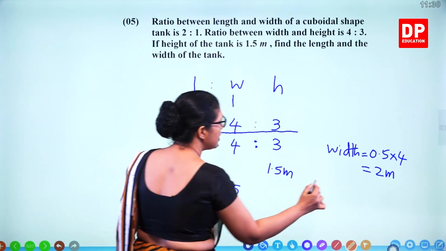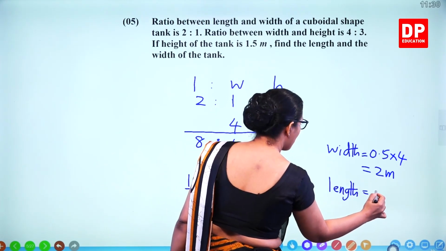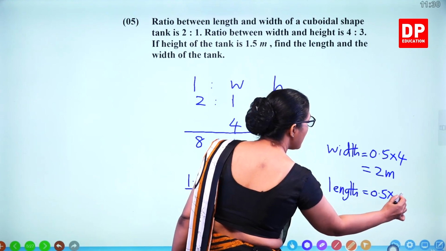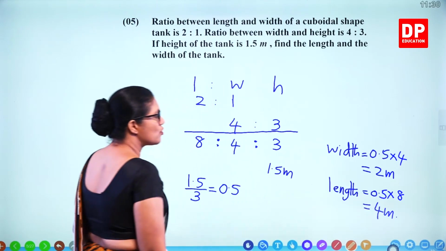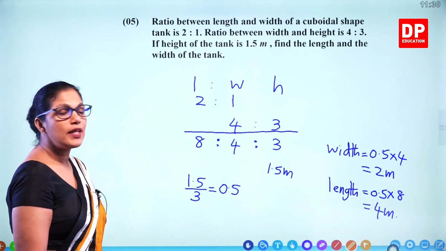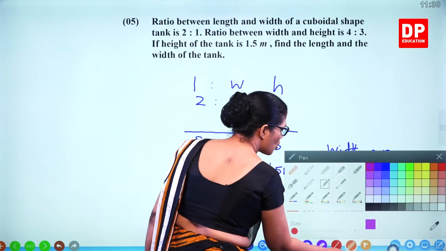And for length, one part is 0.5 multiplied by 8, that's 4 meters. So length is 4 meters and width is 2 meters. So 1 mark each.